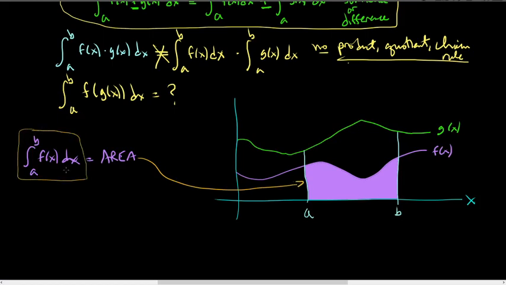Make sense? Now, let's do the definite integral from a to b of g of x. What would that be? That's also going to be an area, and it's going to be this area in here. In fact, let's highlight it all.